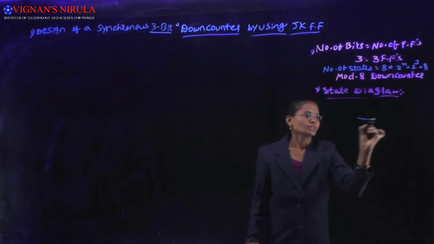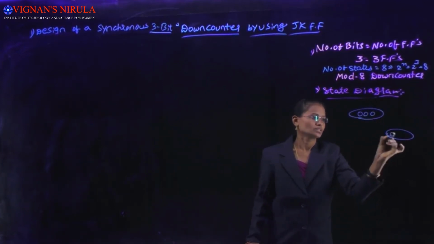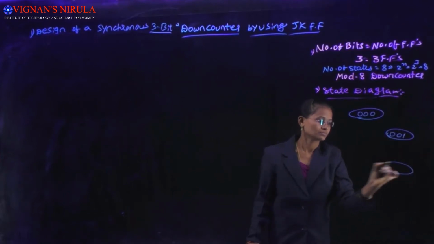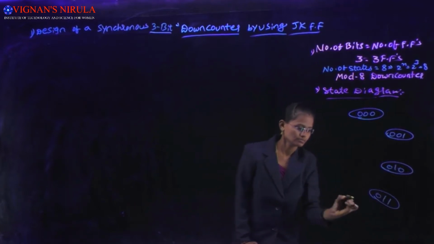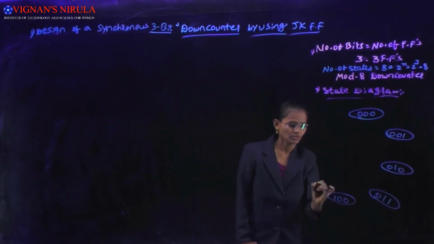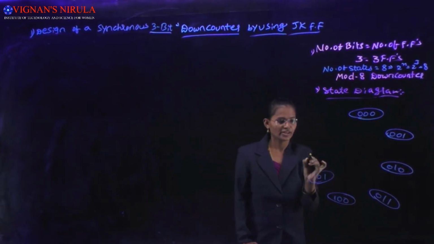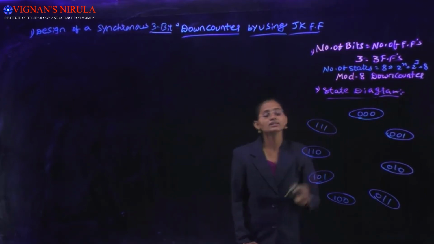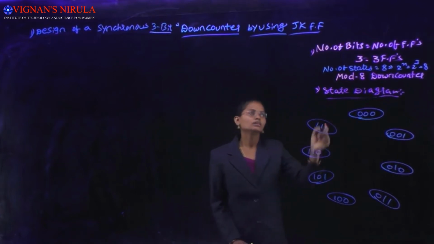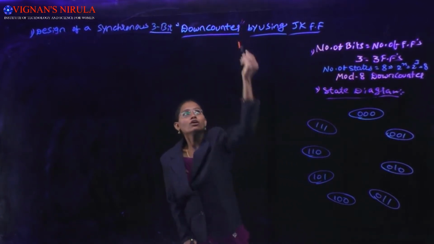The states are 0 0 0, 0 0 1, 2, 3, 4, 5, 6 and 7. Here we are using the down counter.